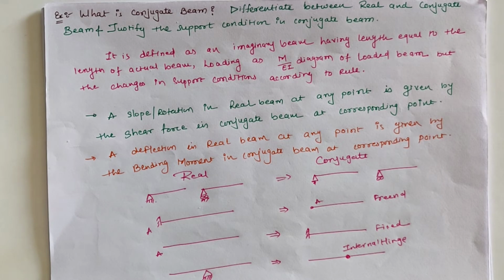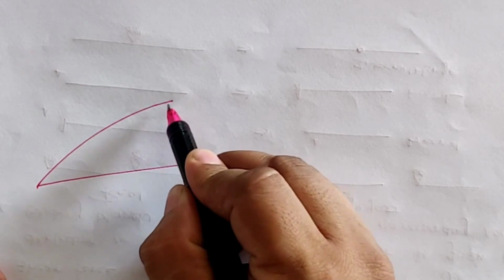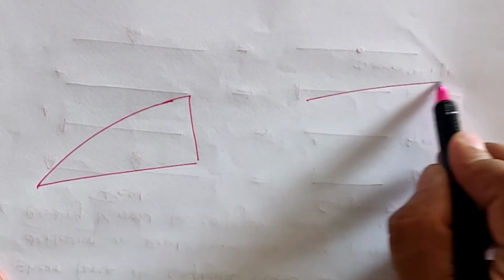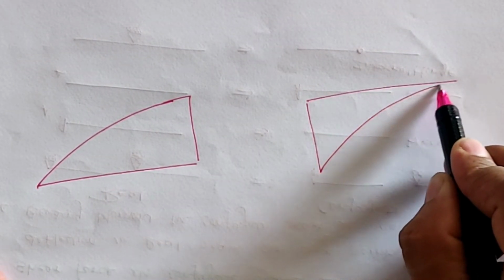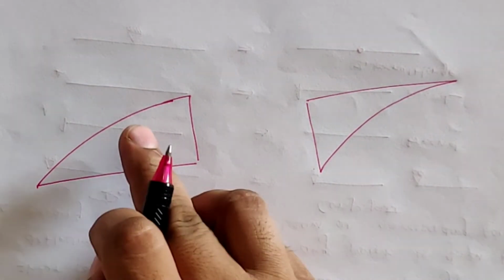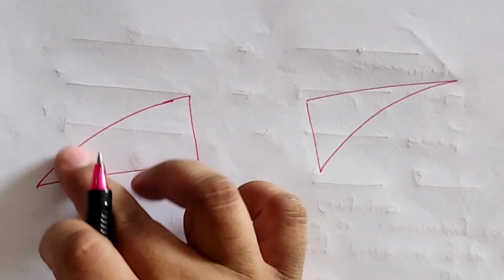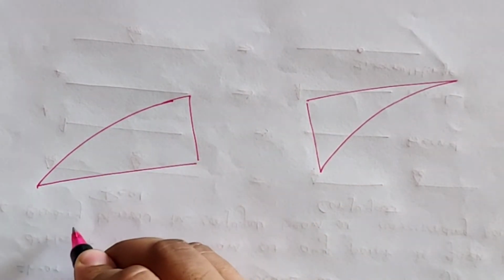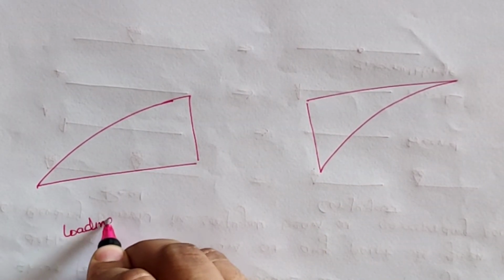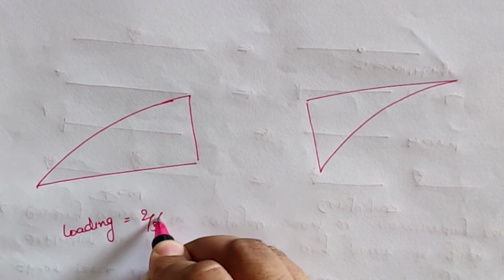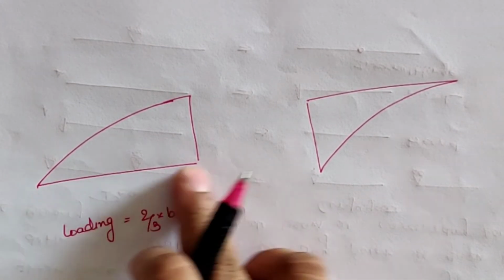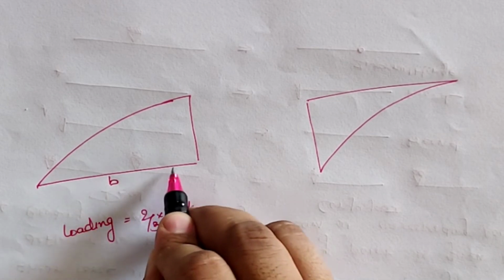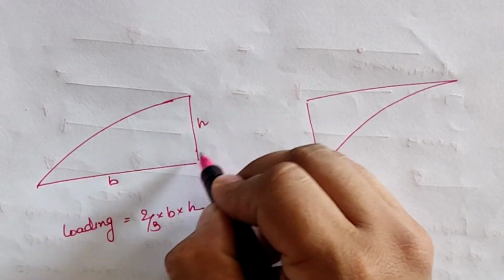Now, before going to the example, we have to take some fundamentals. If we have these two types of curve in the diagram, then the total area, or we can say the total loading, of this curve is 2/3 into B into H, where B is the base length of the loading while H is the value of loading.